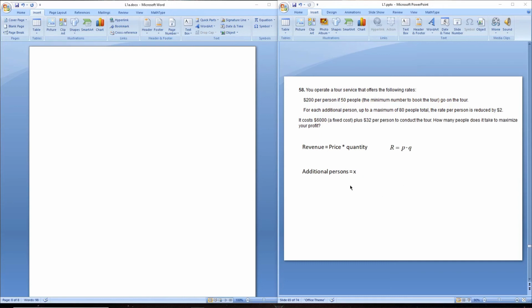So if you have 10 people above 50, so a total of 60 people, you'll have 10 times 2, that'll give you a $20 reduction. And we can write that as just a linear equation, 2 times X. So 2 is our reduction, and X is the number of additional people.